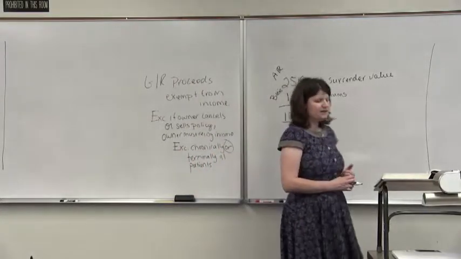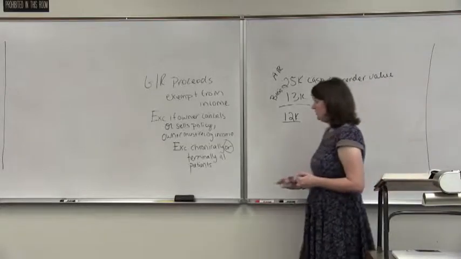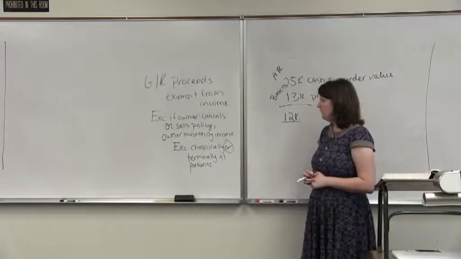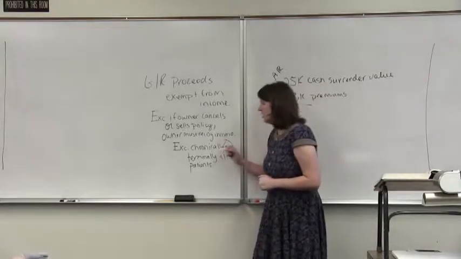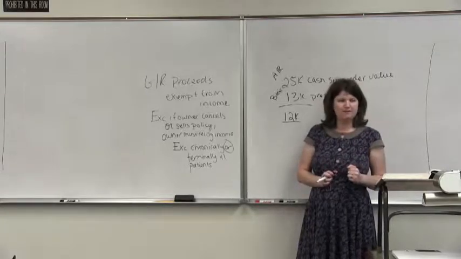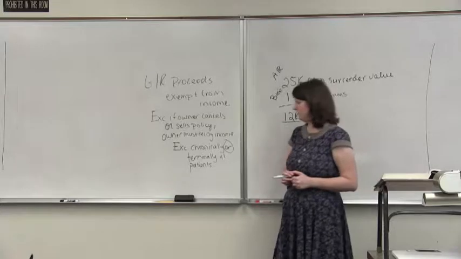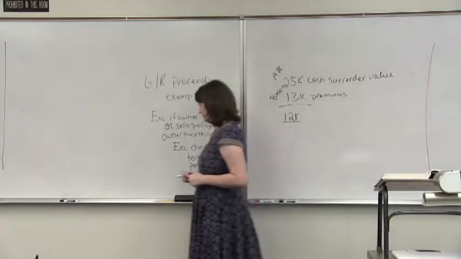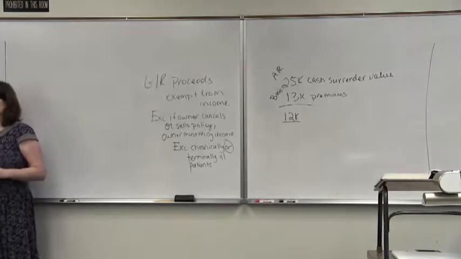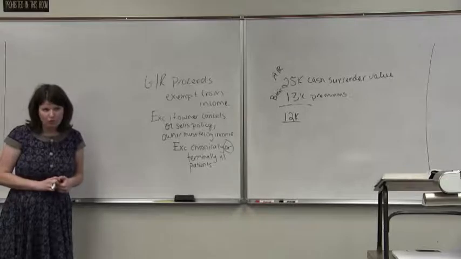Now, there is a difference in the limitations for chronically versus terminally ill. If the taxpayer is chronically ill, they can only use the proceeds to pay for their care. Okay? If they are terminally ill, they can use the proceeds for whatever they want to.